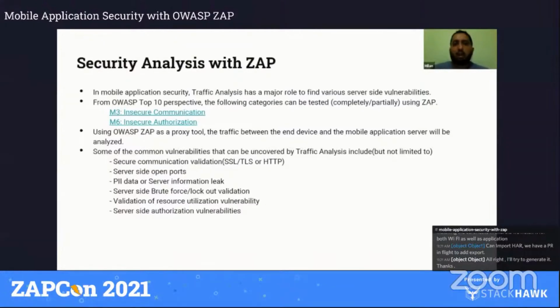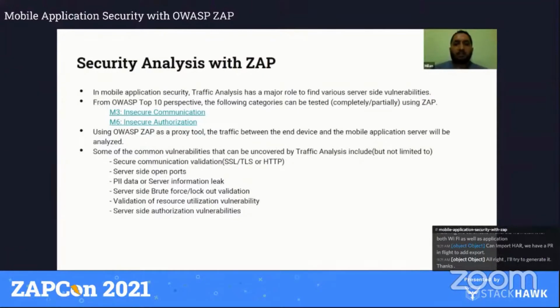Now, some of the most common vulnerabilities that can be uncovered by traffic analysis using ZAP include, but this is not an exhaustive list, so there can be many more. One of them is secure communication validation, where you analyze whether the SSL/TLS traffic or configuration is proper or not. You can look for server-side open ports. You can search for personally identifiable information or any kind of server information that is being leaked.